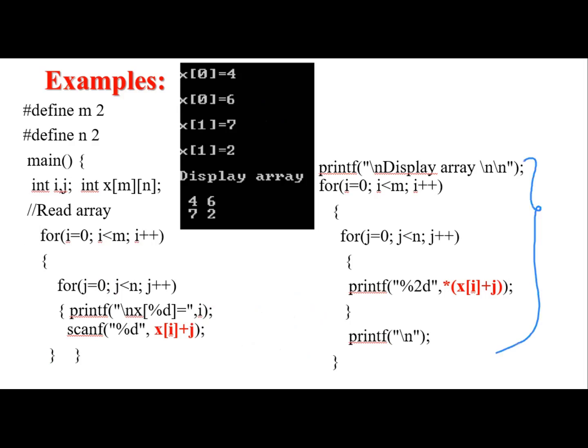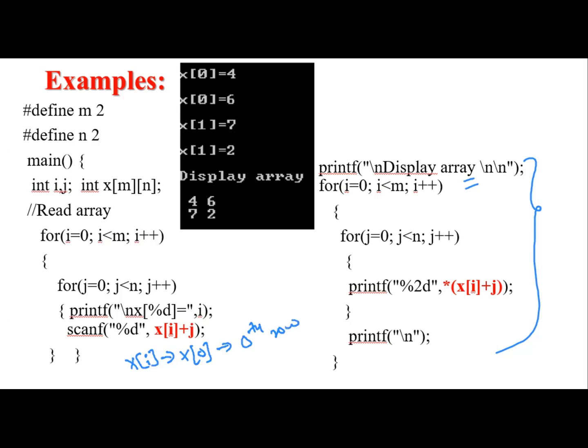Next, in this example, I'm going to display the array. If you have seen, I've used the pointer to enter the value, x of I plus j. So initially x of I points to x of 0, that is the 0th row.